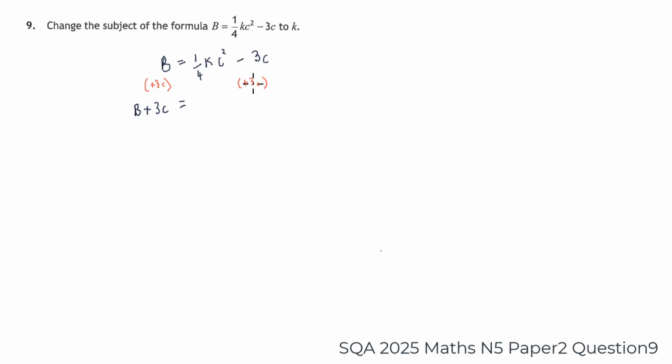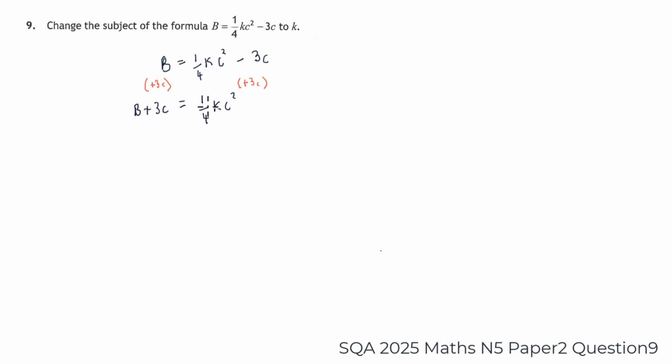And then on the right, adding 3c to this negative 3c, it just vanishes, and we're just left with 1/4 of kc squared. So in our attempt to get k on its own, we have got rid of this minus 3c. Well, what's next? Let's tackle this divide by 4.